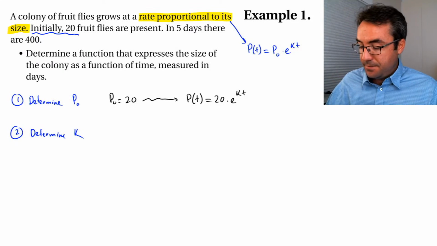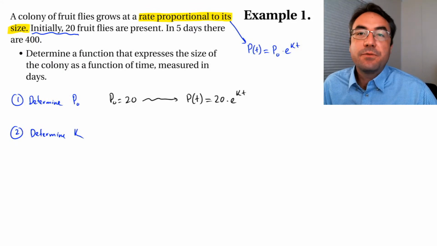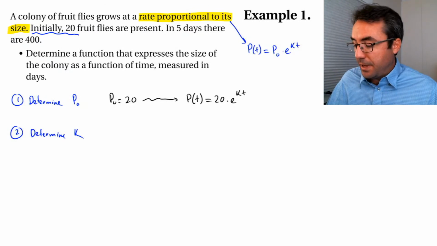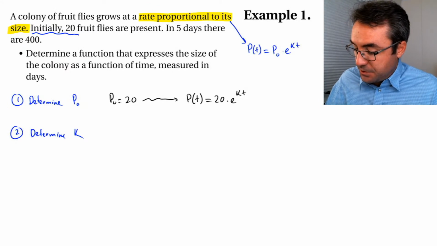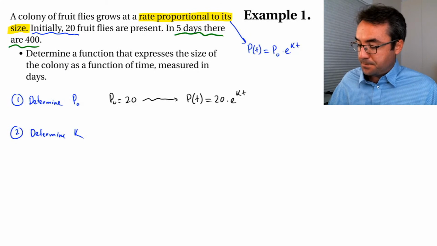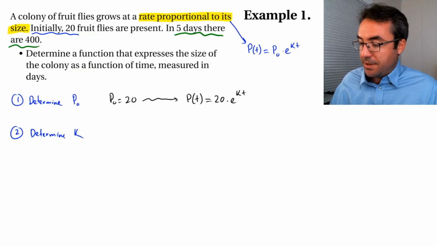And then let's see what other information we're given. So we're told that after 5 days there are 400 fruit flies. So that's sort of our second piece of information that we're going to use. So let's write that down.